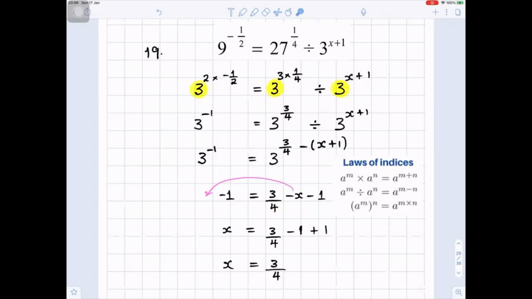We want x, so x is minus on the left. On the right, we take it to the left, it becomes positive x. And we take the minus 1 to the right, it becomes plus 1. So 3 over 4 minus 1 plus 1. Minus 1 plus 1 is the same as 1 minus 1, which is 0. So x is 3 over 4.